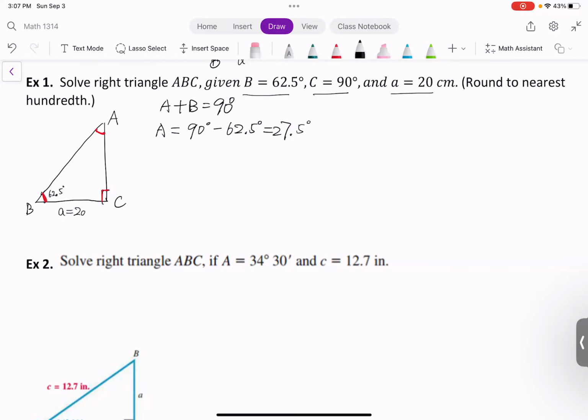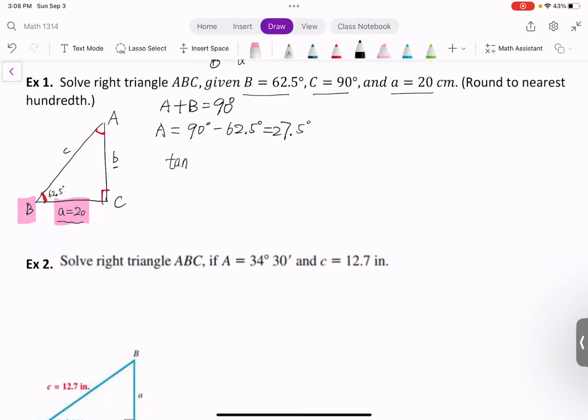We found the angle A. And how about the other missing information? We need to find lowercase b and lowercase c. I know the angle B, I know the side a. If I want to find b, that's the opposite of angle B, and a is adjacent of angle B. What is that? That is tangent.